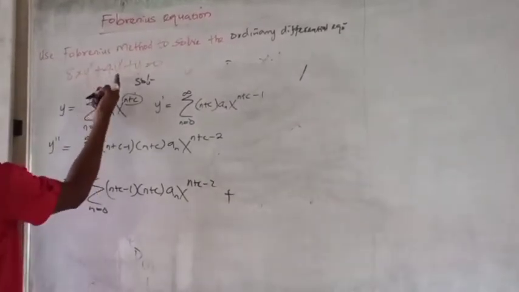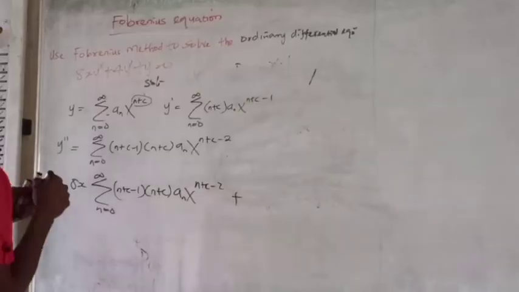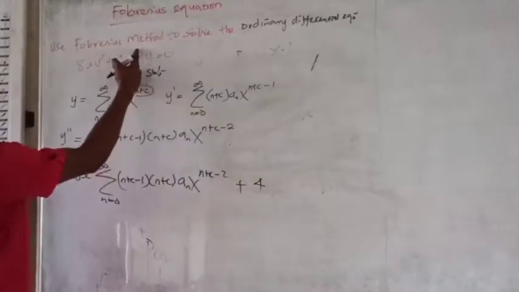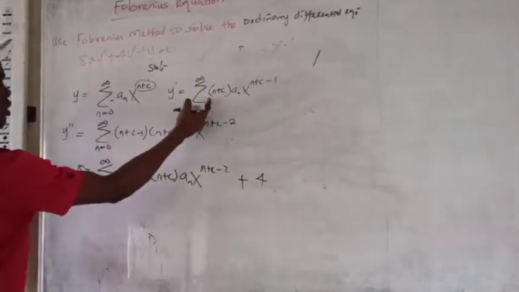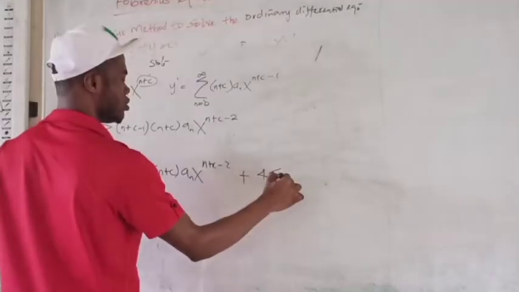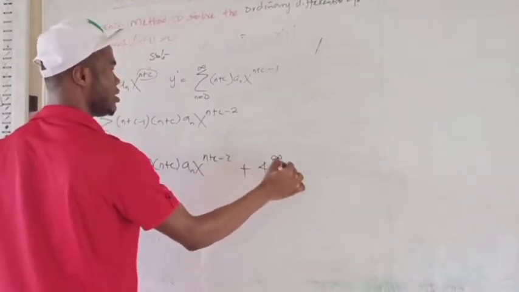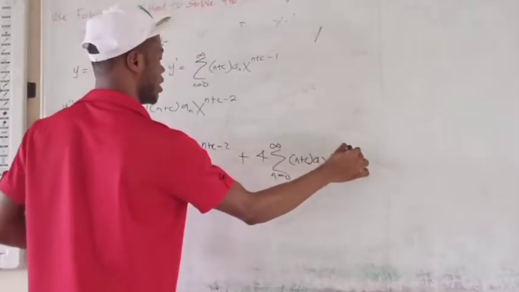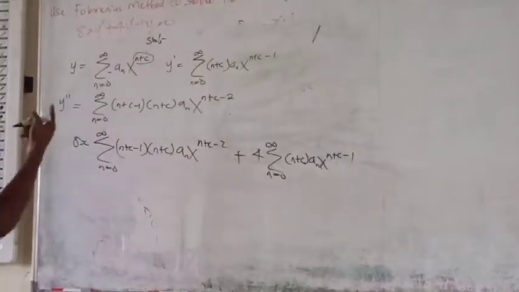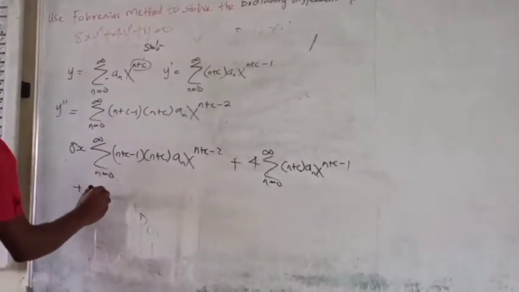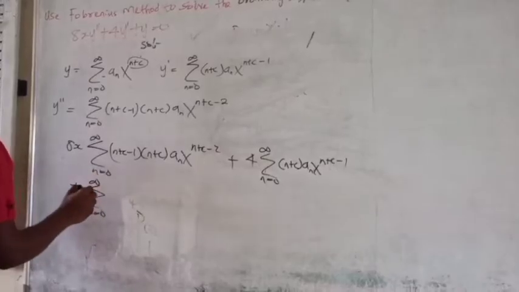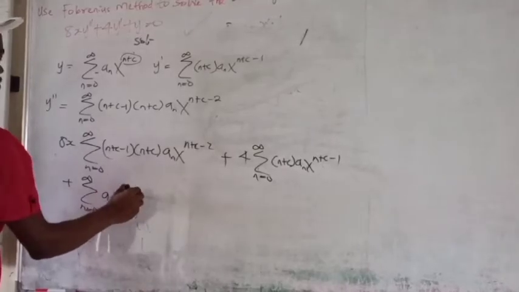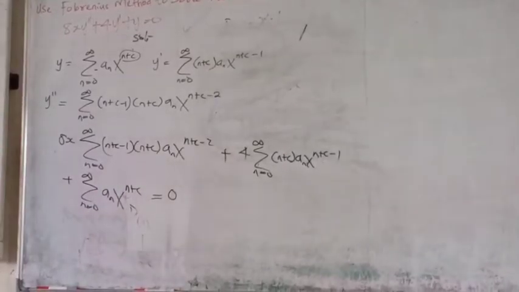Then for the second one, I have 4y prime. So 4, of course my y prime is equal to the summation from n equals 0 to infinity of n plus c, a subscript n, x to the power n plus c minus 1. And for the last, which is just y, of course this is my y, plus the summation from n equals 0 to infinity of a subscript n, x to the power of n plus c. All these are equal to 0.